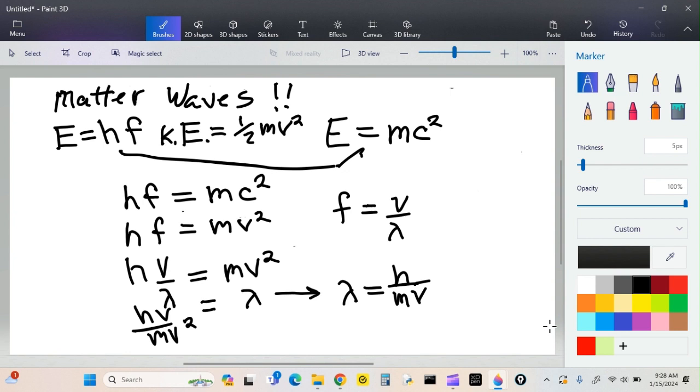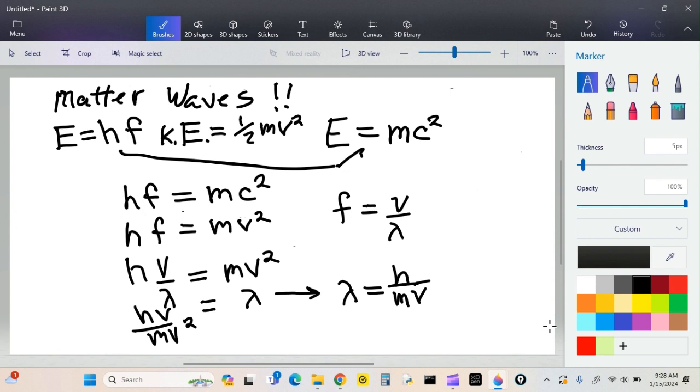If that mass isn't moving at all, then what's the wavelength going to be? Well, if the velocity is zero, then the wavelength is infinite. So no wave matter unless you've got this thing moving.